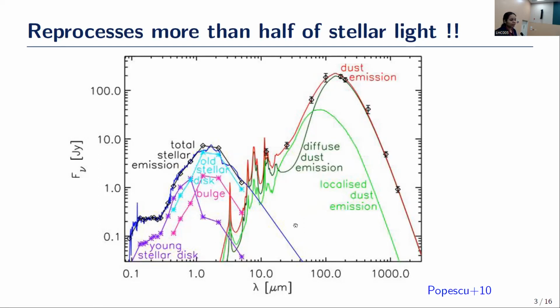For example, the Milky Way would have been doubly bright in the optical if there was no dust. So all this emission is due to the reprocessing of the stellar light by the dust in galaxies.